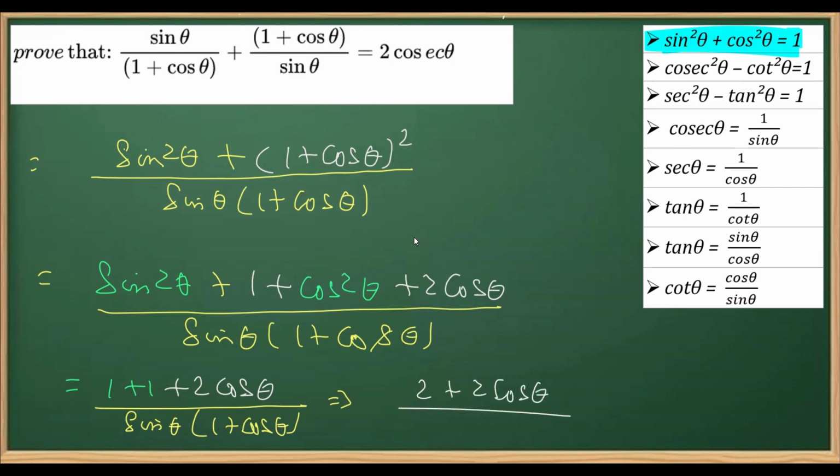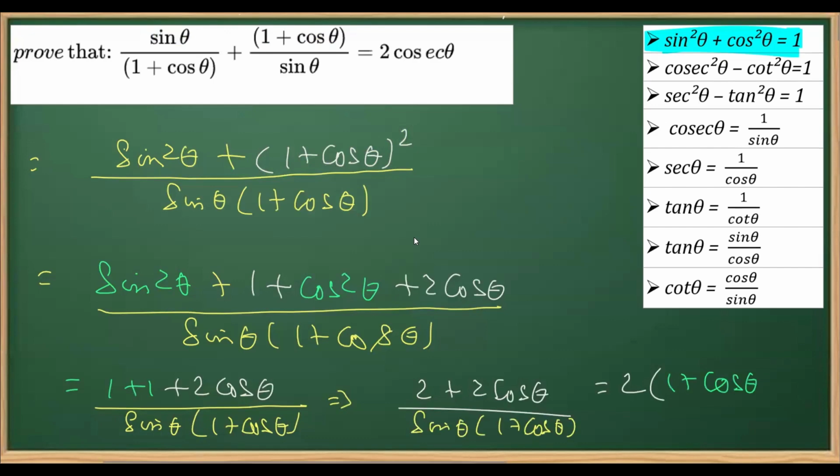And that divided by sine theta multiplied by 1 plus cos theta. Now if I take 2 common from the numerator, what we are going to get inside is 1 plus cos theta.